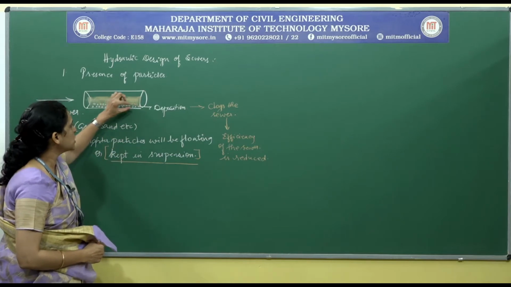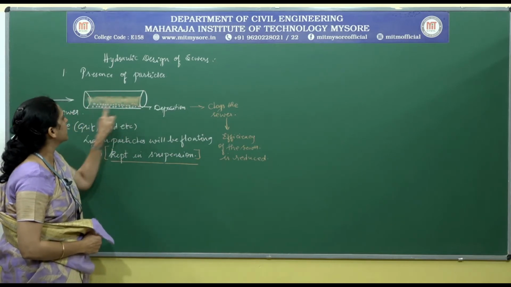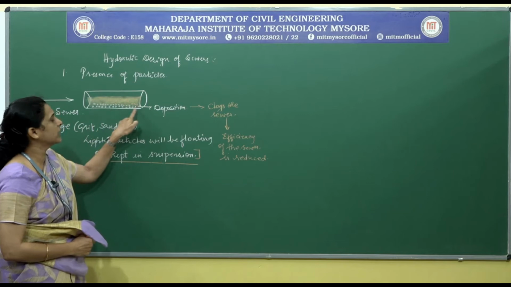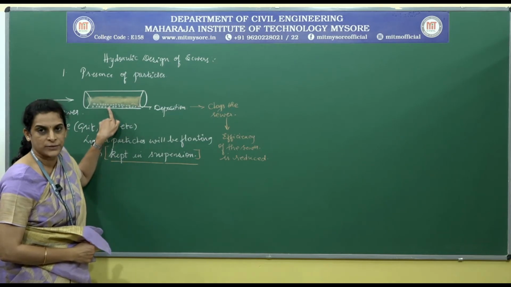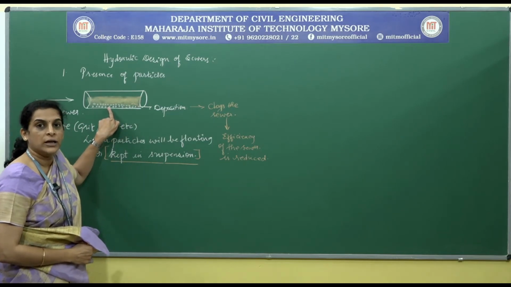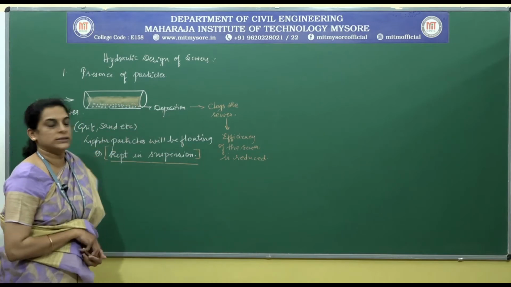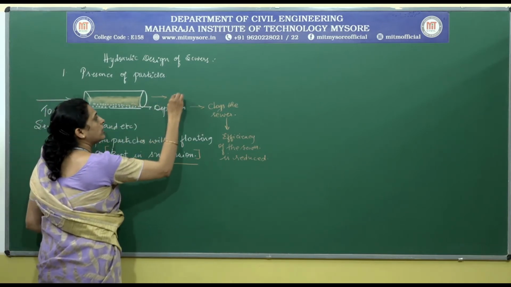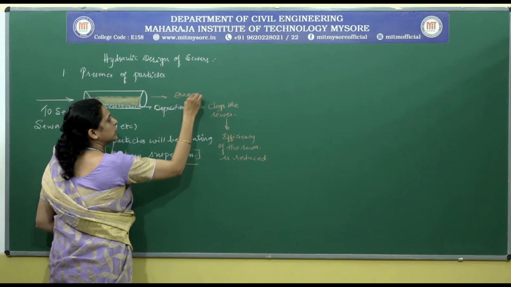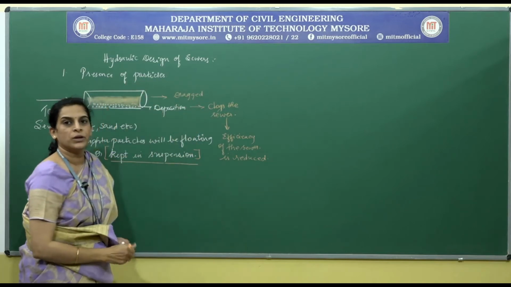Now, what happens if the particles are not kept in suspension? Then those particles will keep on accumulating on the inner surface, such that they won't be dragged outwards during the flow.